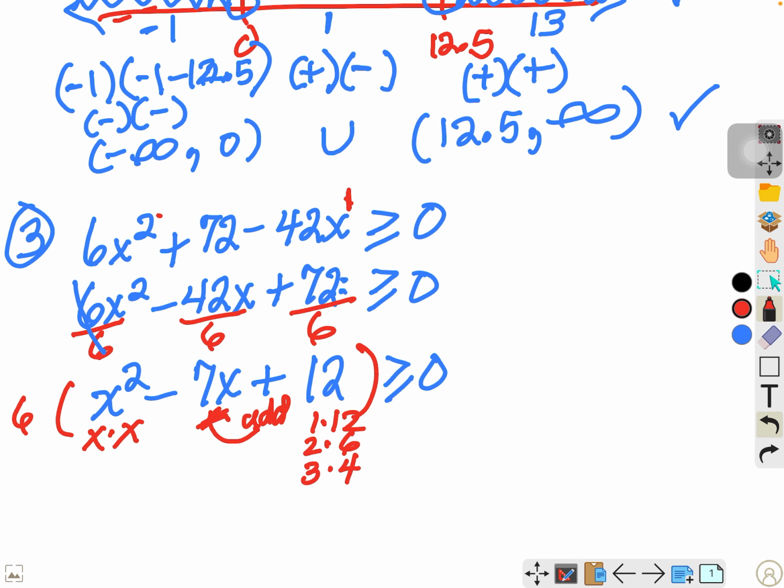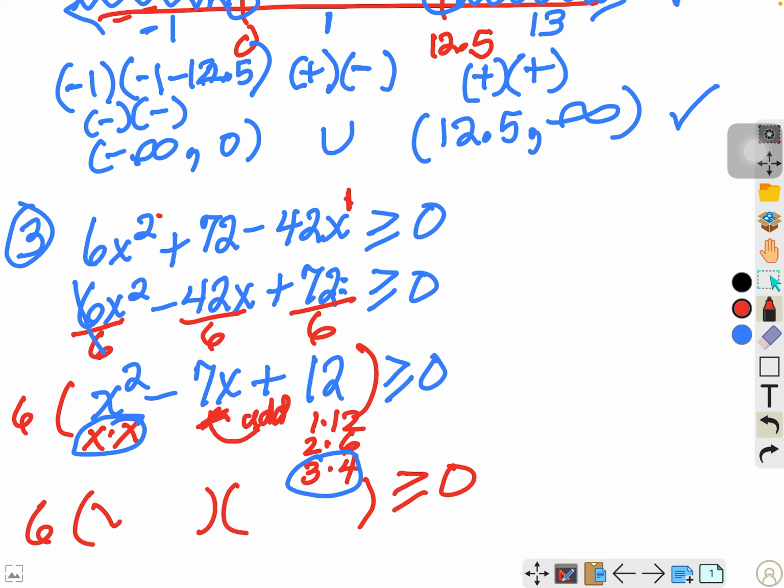And so that would be my 3 and 4, and this is the only choice up front. So now when I factor, I get 6, and I get ready for my 2 binomials. X times x, first times first. We're going to place our 3 and 4.